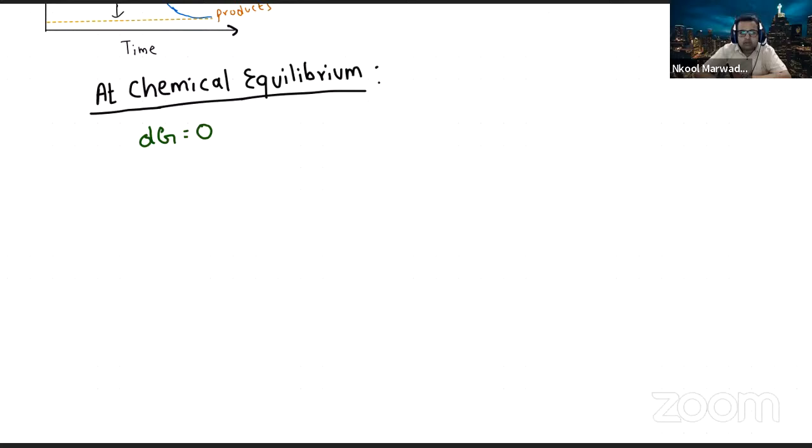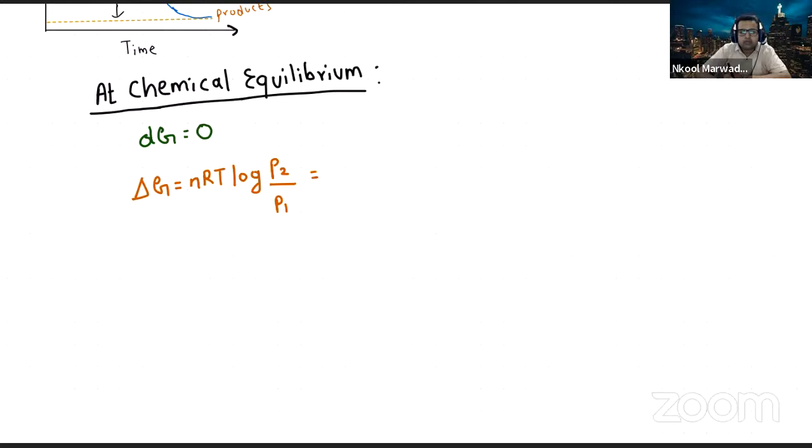It will be nRT log P2 by P1. Whenever I'm talking about nRT, I'm talking about an ideal gas. Or I can write it in terms of volume also.